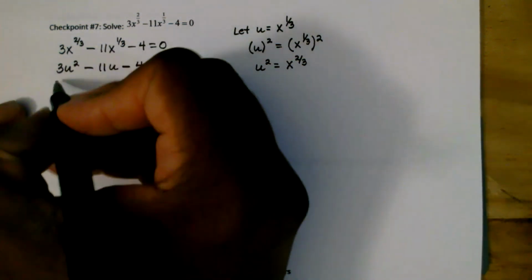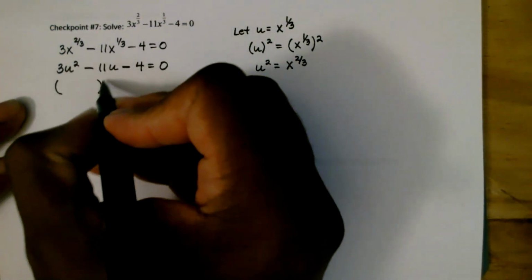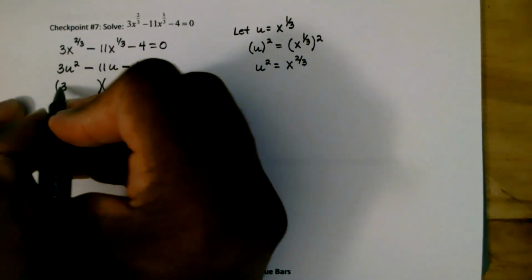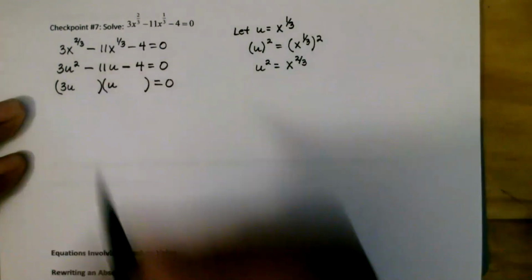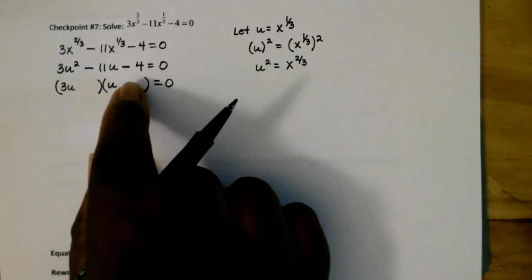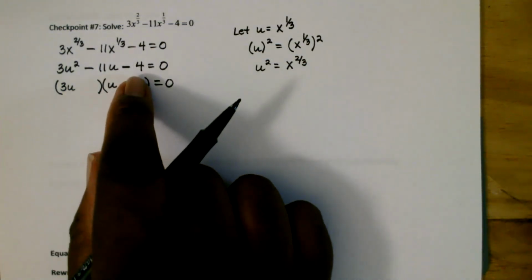So now I can factor this into 2 binomials. Let's see, 3u will have to be broken up as 3u times u. And then we're going to have to find factors of -4. I know that's going to have to be something like 4 and 1.